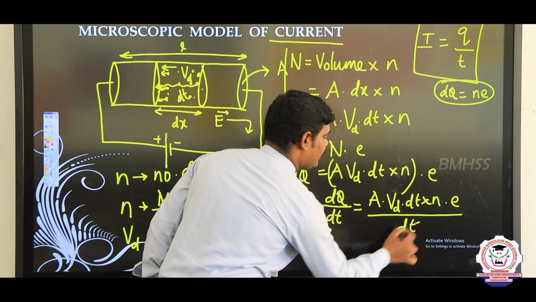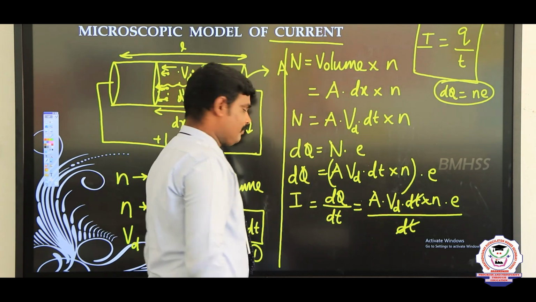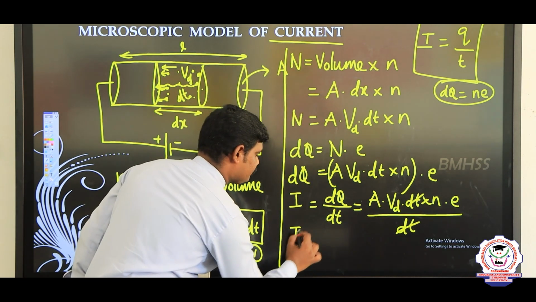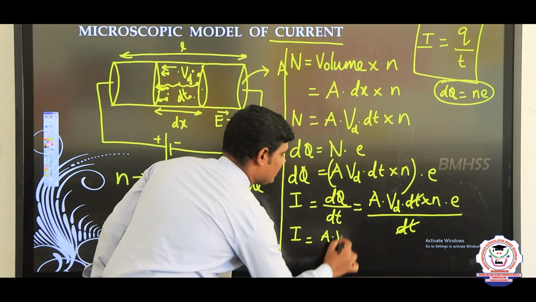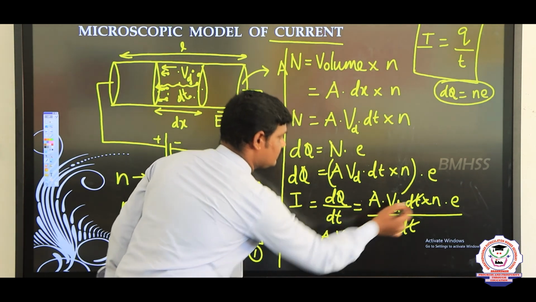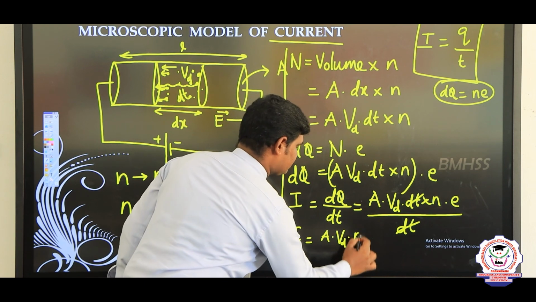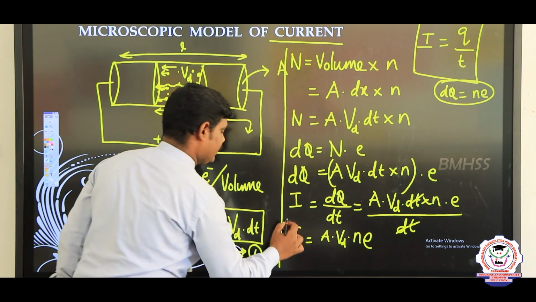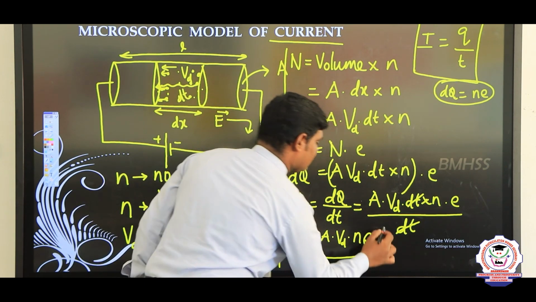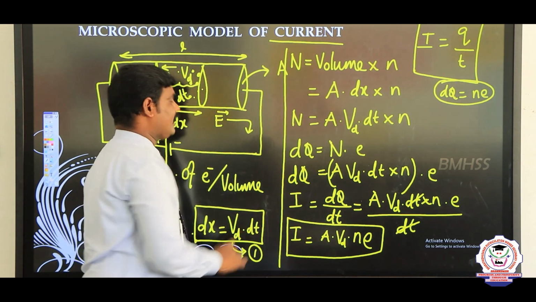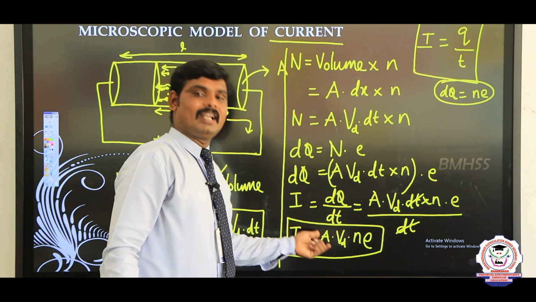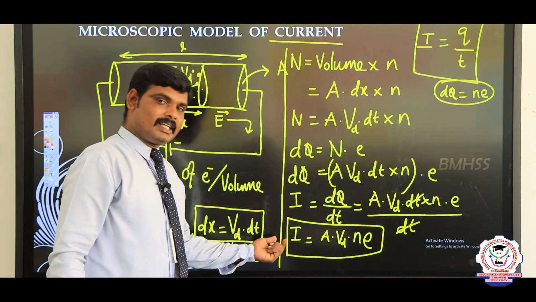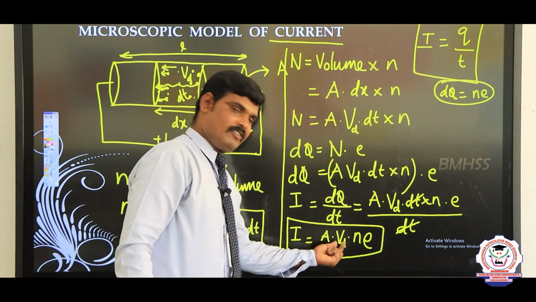Here dt is cancelled, then I is equal to A into Vd into n into e. So, this is the formula for electric current, the microscopic model of electric current, the relation between current and drift velocity.